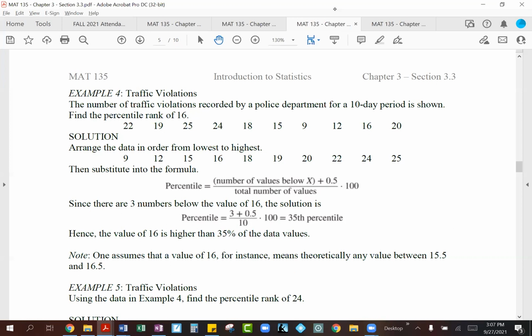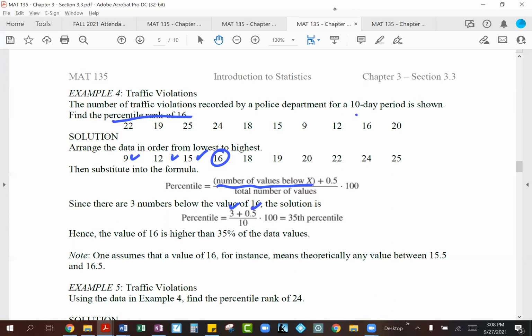Then they're talking about, okay, so we want to know the percentile value for number 16. So they're saying find the percentile rank of 16. You can see over here, once we put it in order, here's our 16. There are 3 data values that fall below 16. So you can see that's where the 3 is coming from, the number of values below 16. We add a 0.5 to that.